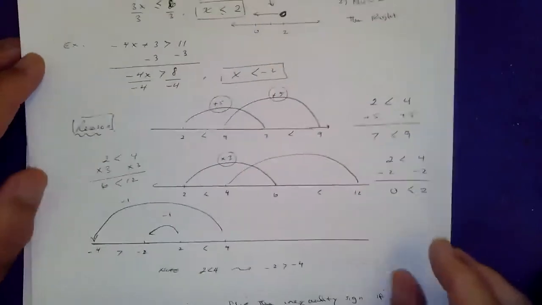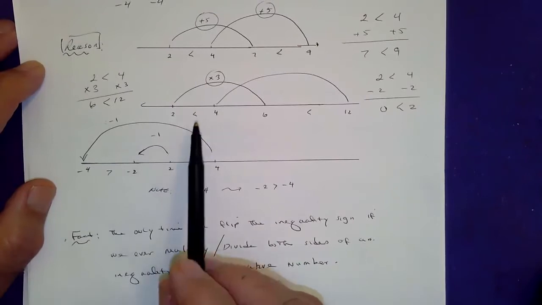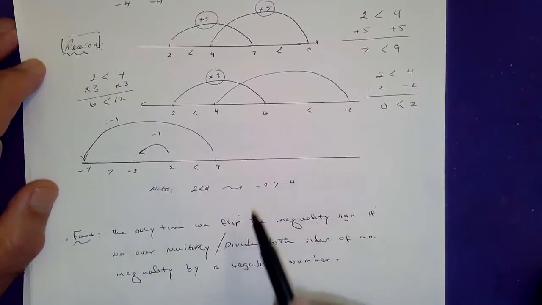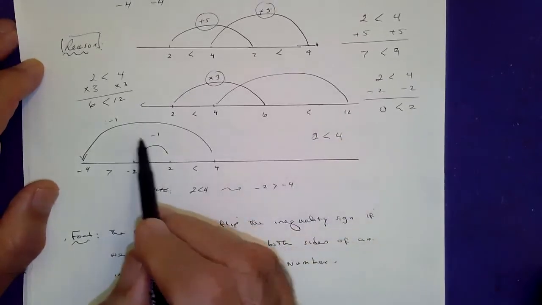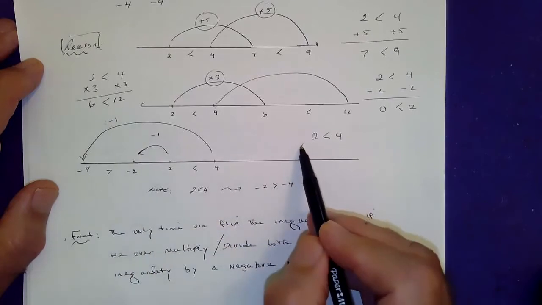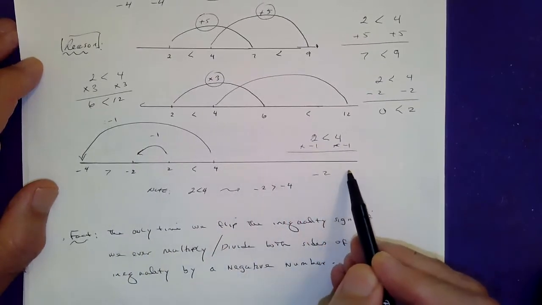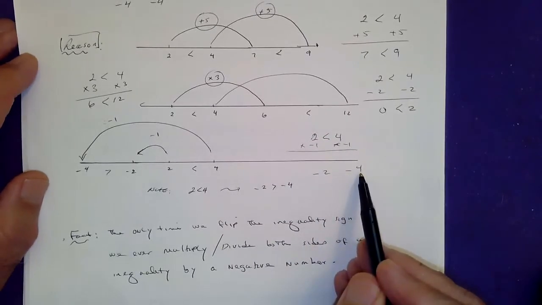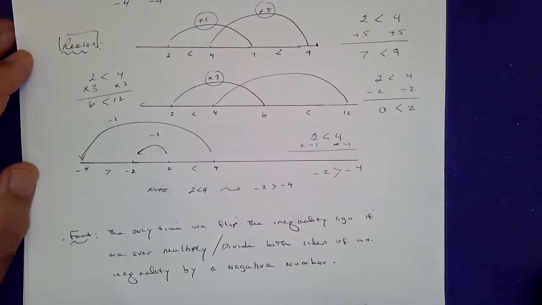However, if you multiply or divide both sides by a negative number, then the inequality sign gets to switch. For instance, remember we had 2 is less than 4, but let's say we multiply both sides by -1. When we do, we get -2, -4. But -2 is no longer less than -4, it's greater than -4.